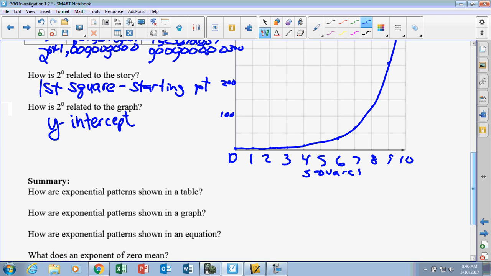Does it increase, decrease? What does your table do? Does it increase? Yeah. Okay, so it increases at a constant rate of change? No. So we're going to say non-constant rate of change.